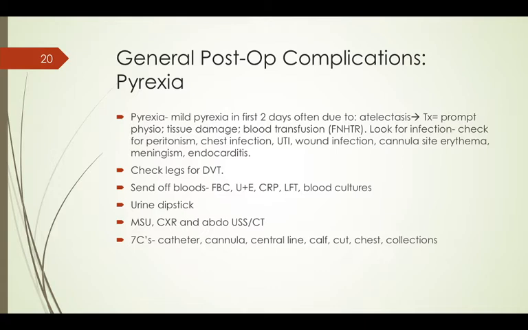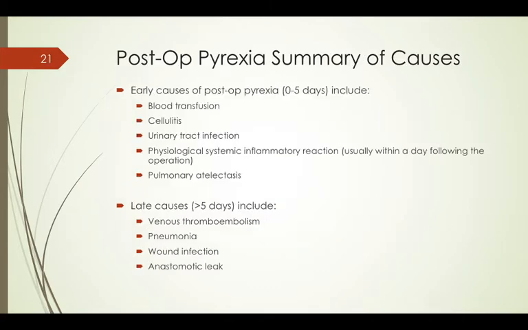So catheter, cannula, central line, the calf, so that's really a DVT, cut, wound infection, chest, like a pneumonia or atelectasis, and collections, like an intra-abdominal collection from an anastomotic leak, for instance, when you're trying to anastomose the bowel. So there's a brief summary of causes of post-op pyrexia with relation to timescale.